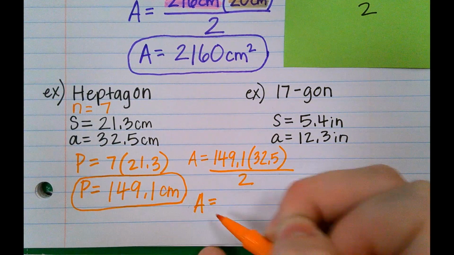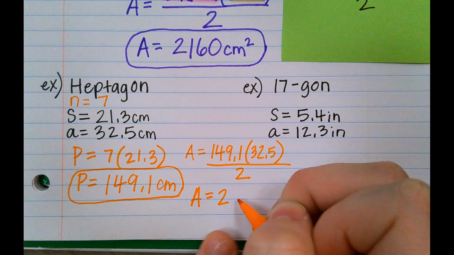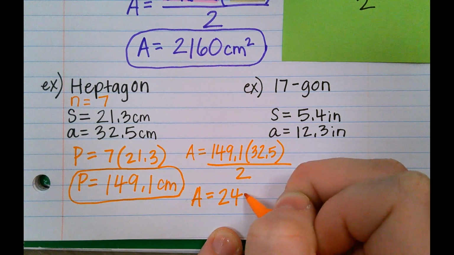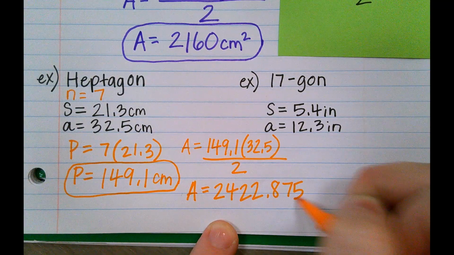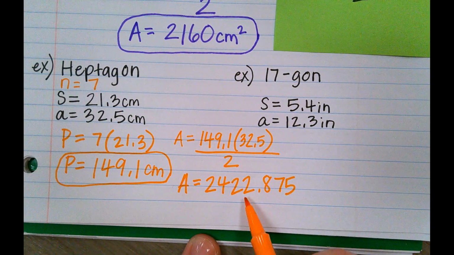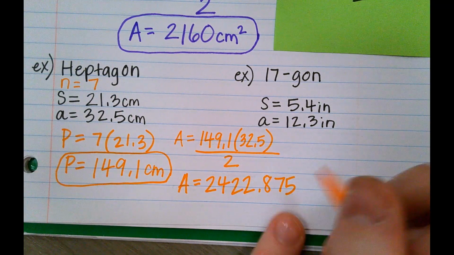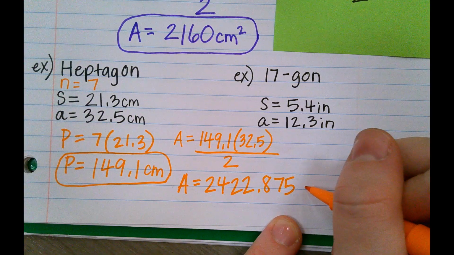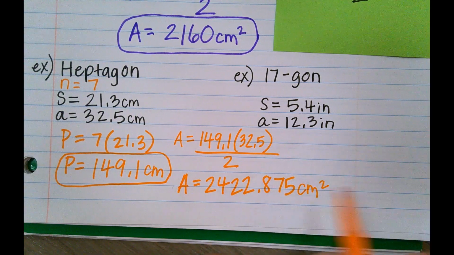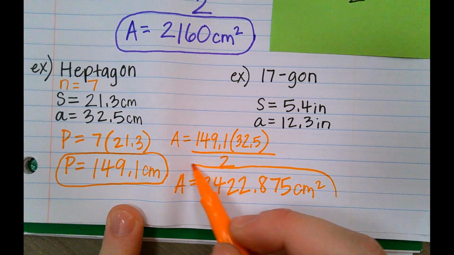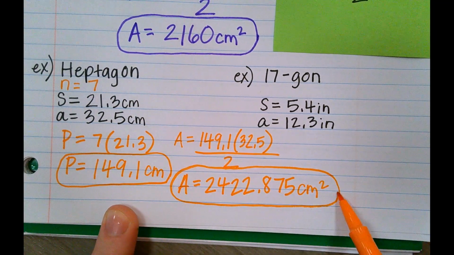Go ahead, you're right with me. 2,422.875. What are my units? Centimeters squared. Perfect. Did we get it wrong if we round up the decimal?